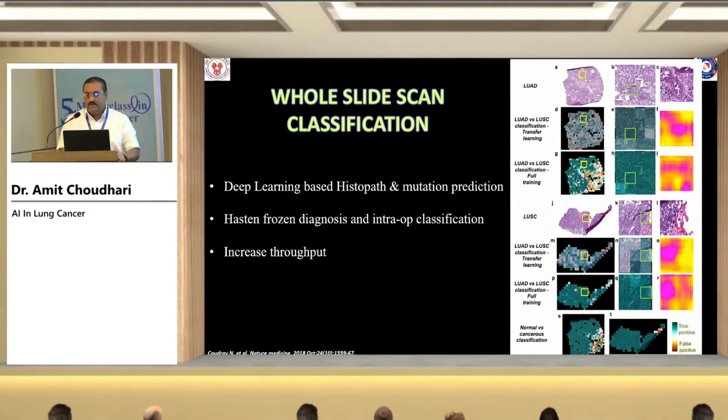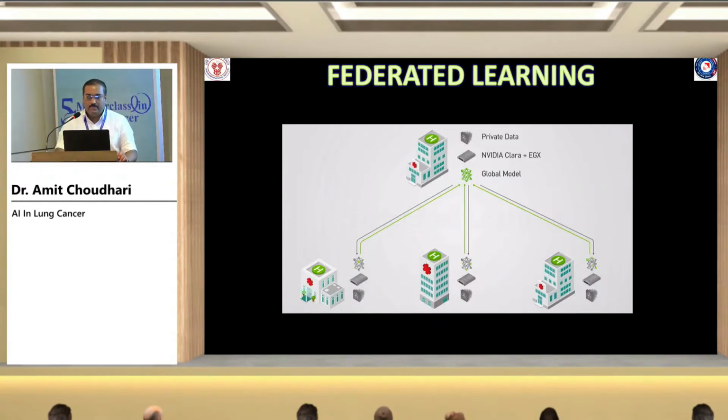And this is where CNN-based technique can be leveraged to give a better diagnosis. Likewise, it also increases throughput of a pathologist by augmenting his or her abilities of giving the diagnosis in a shorter duration of time and also to a better accuracy.